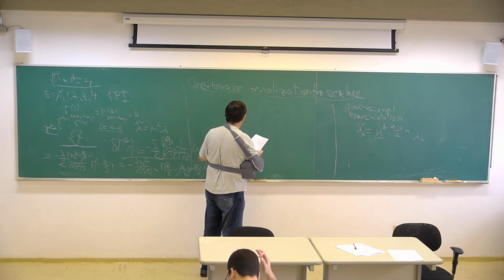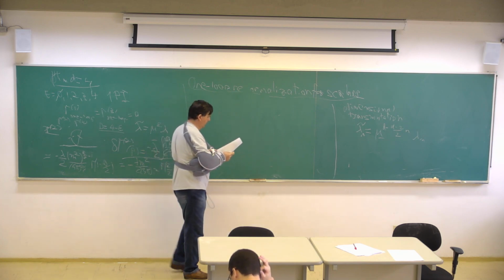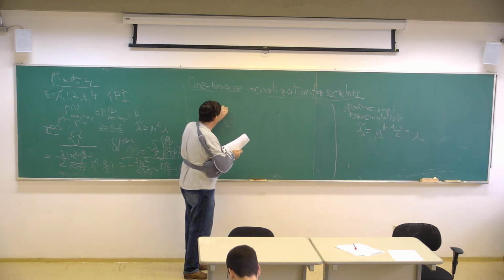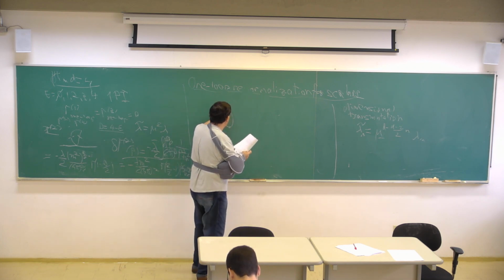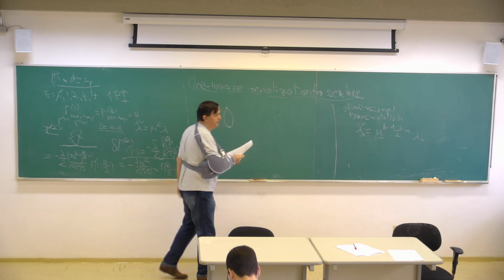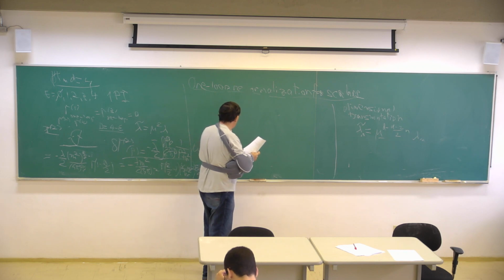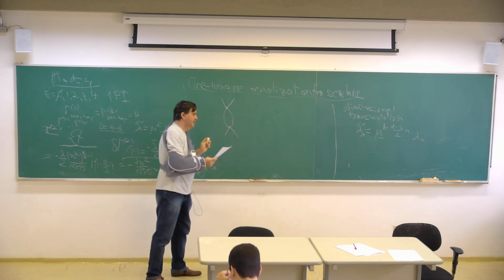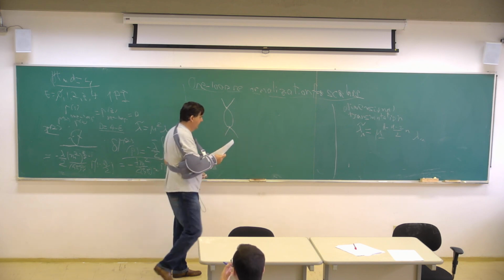So if we talk about one loop and four legs, the only possibility is something like this, except I can now do some permutations.